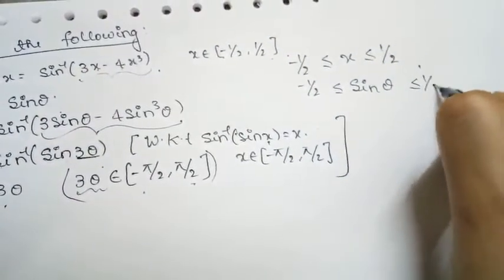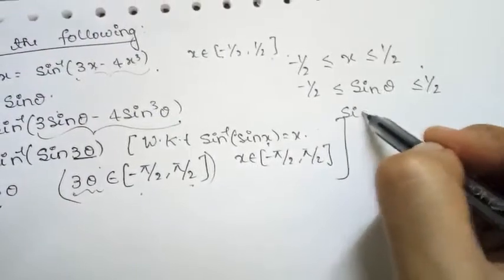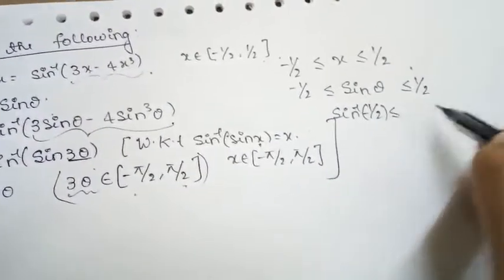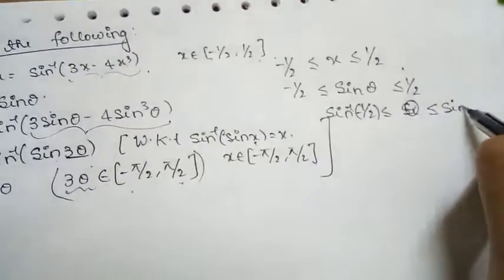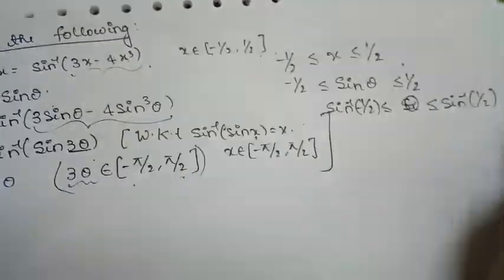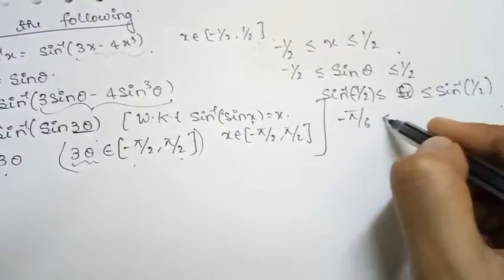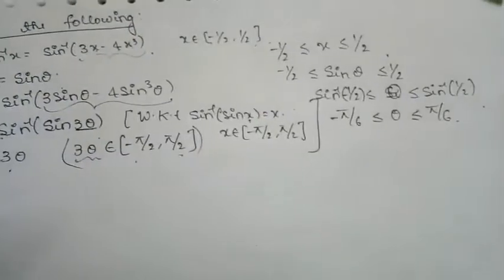When I substitute x is equal to sin theta and take the inverse on the whole inequality, sin inverse of minus 1 by 2 is less than or equal to theta, which is less than or equal to sin inverse of 1 by 2. Sin inverse of minus 1 by 2 is nothing but minus pi by 6, so minus pi by 6 is less than or equal to theta, less than or equal to pi by 6.